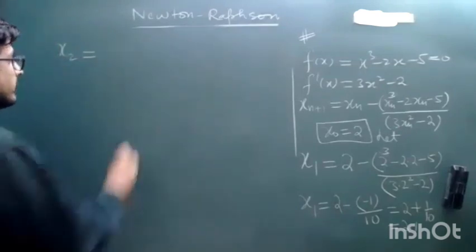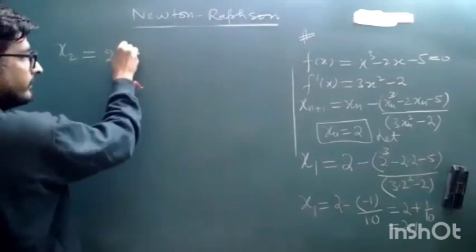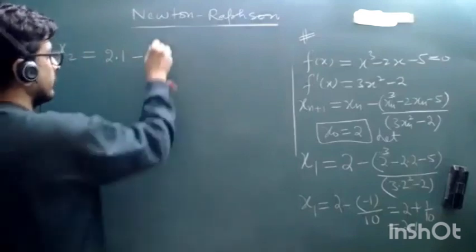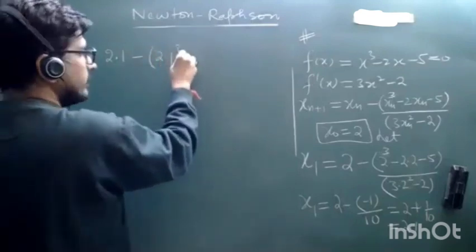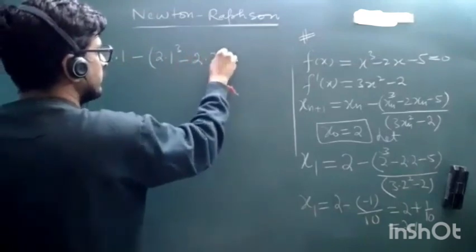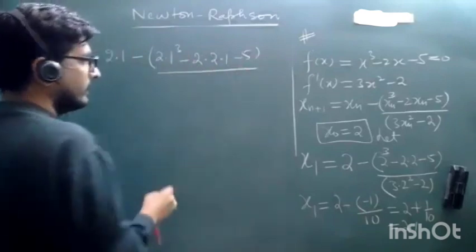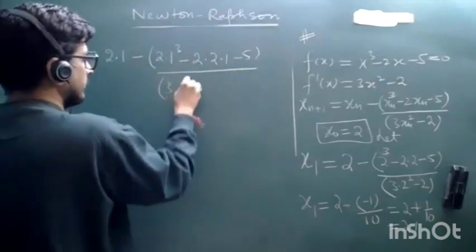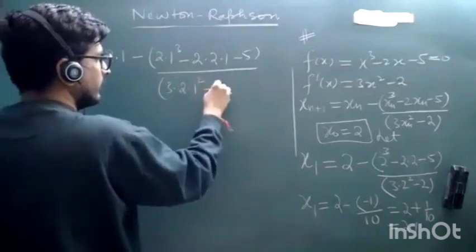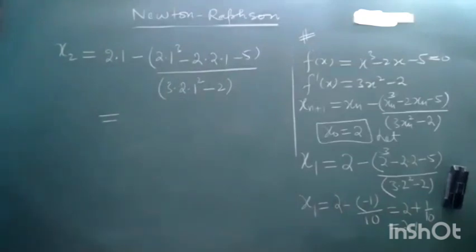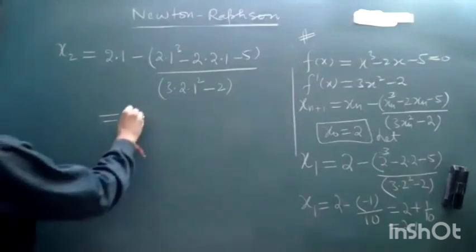So x2 will be 2.1 - (2.1 cube - 2 into 2.1 - 5) over (3 into 2.1 whole square - 2). So tell me this value, the value of x2. I am writing it directly. You just calculate. It will be 2.09.